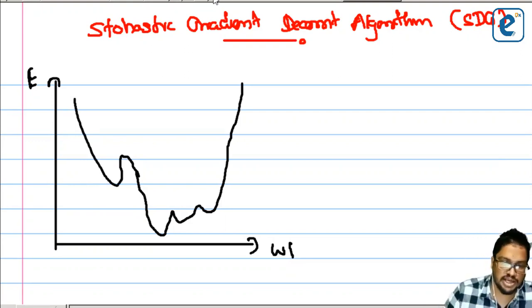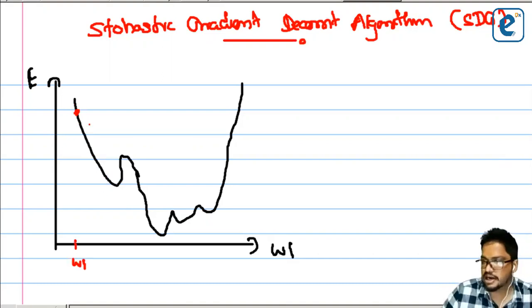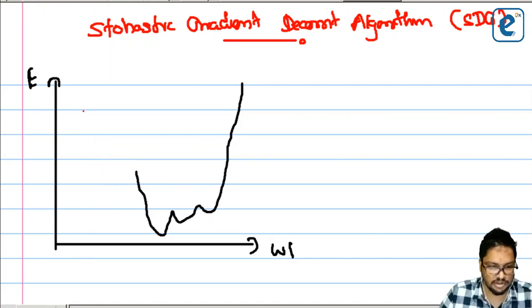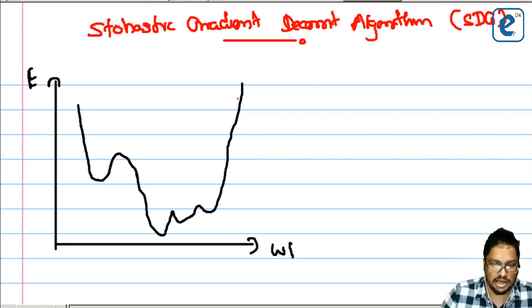So in stochastic gradient descent, it's going to take larger steps, right? Now let's say this is the initial weight. It's going to increase the weight somewhere here. Let me redraw this, right? Let's start from here.